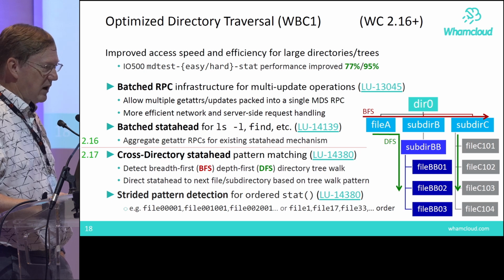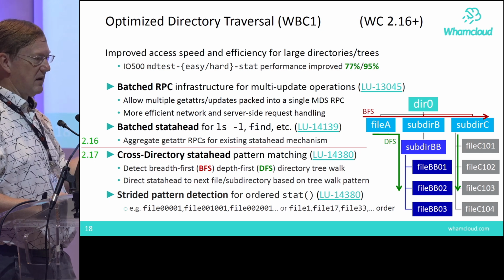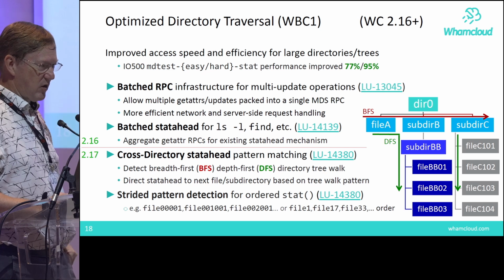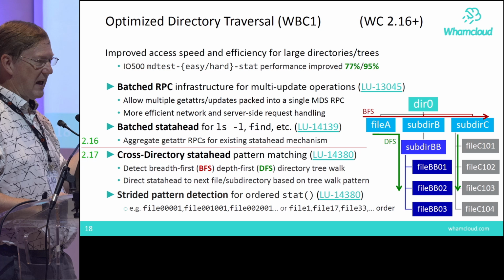So it's totally transparent. It's ls -lR kind of workloads, and so it's prefetching attributes. But the reason this is considered under the write-back caching project is because it's adding batched operations. So you can fetch 100 attributes at a time from the MDS in one RPC.